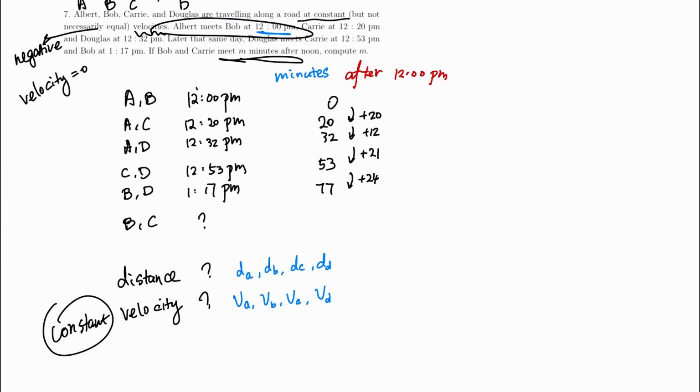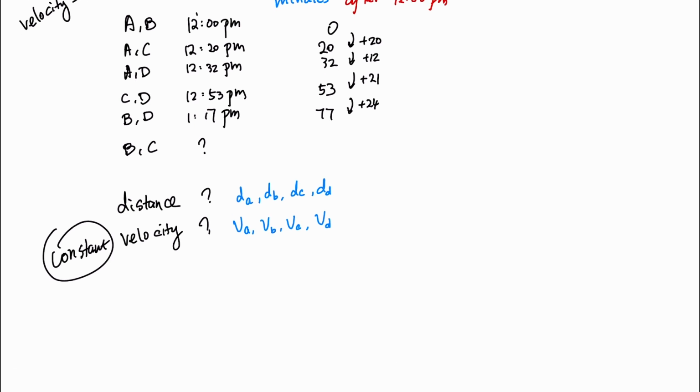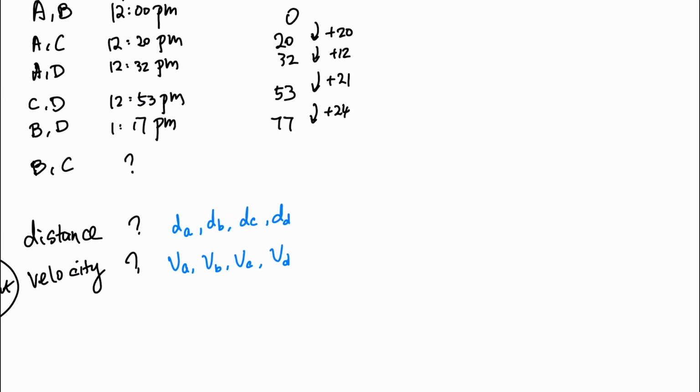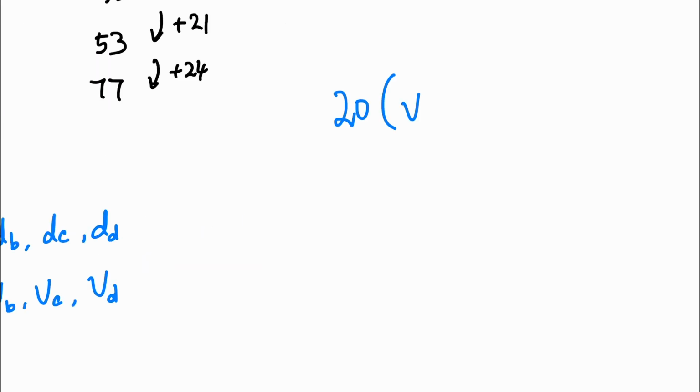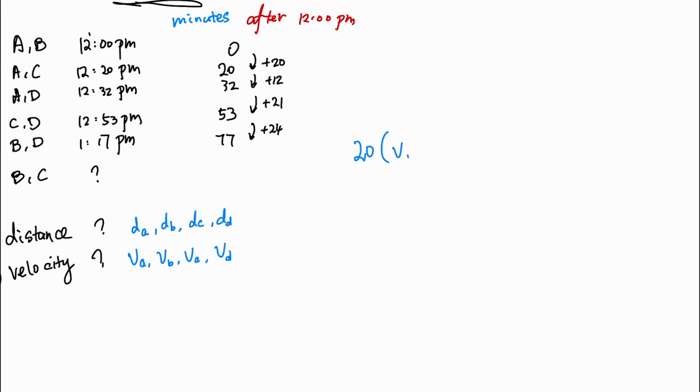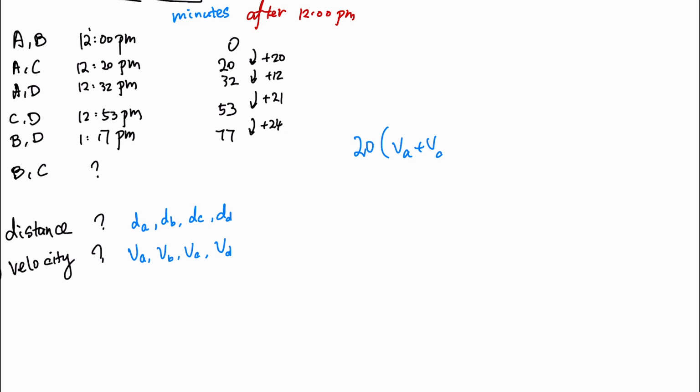Well, if we take a look at them, A and B meet at 12 p.m. We can't get anything out of that. A and C meet at 12:20. So that is 20 minutes times the sum of their velocities, VA plus VC, and that is equal to DC.